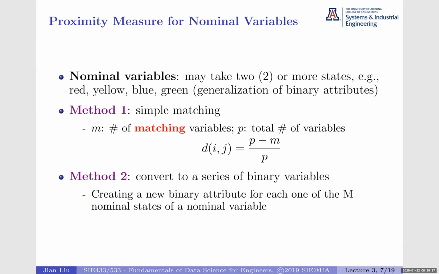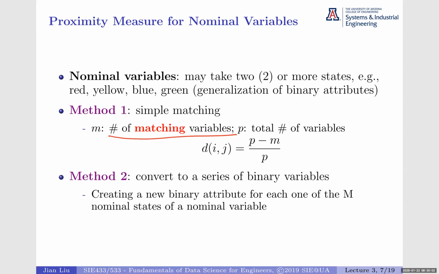And so the first method for us to give a distance measure of two data objects modeled by nominal variables is this. First, we have M as the matching variables. It means we have two data objects, both modeled by multiple nominal variables.